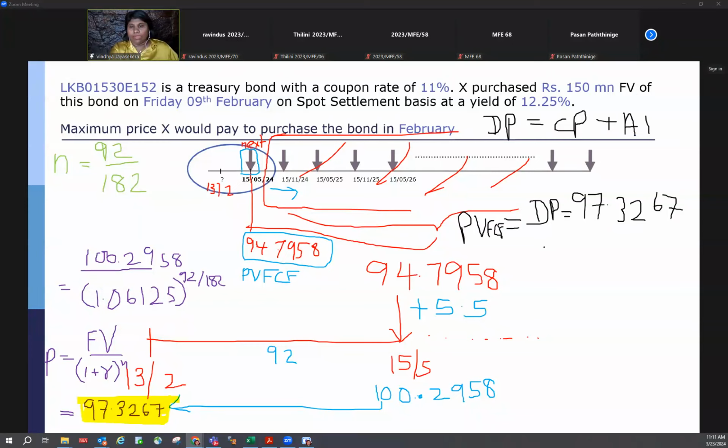So I have to deduct accrued interest to come up with the clean price.